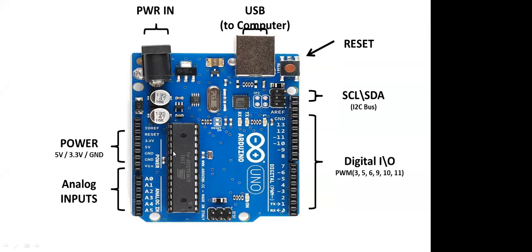Over here, what are the inputs and outputs that we have to see? You can see power, input, output, digital input output, SCL, SDA, reset. What is the meaning of all these inputs and outputs? That is very important to understand. When we are going to drive any bicycle, we have to learn all the parameters of that bicycle.